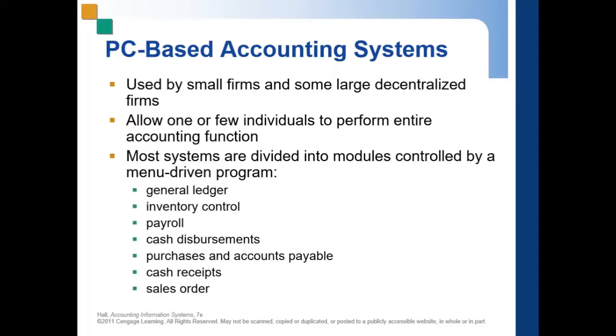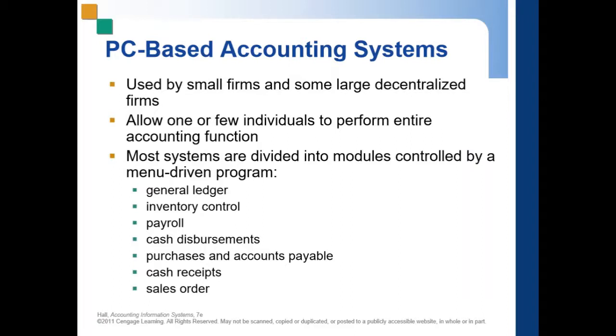That's because the system is all on your PC, on your computer. So, the software market offers hundreds of PC-based accounting systems. Examples of this are your QuickBooks, right? So, that one is PC-based.